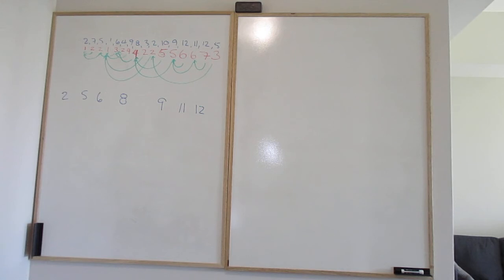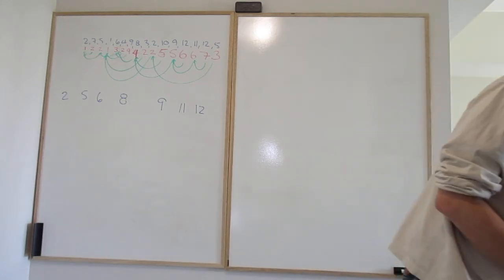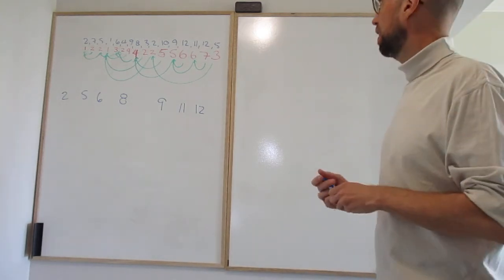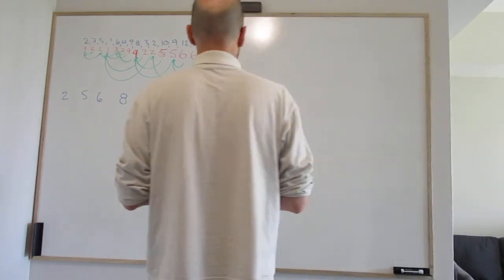So we're all happy. Except we're not super happy because this is kind of slow. But first of all, let's write the recurrence.